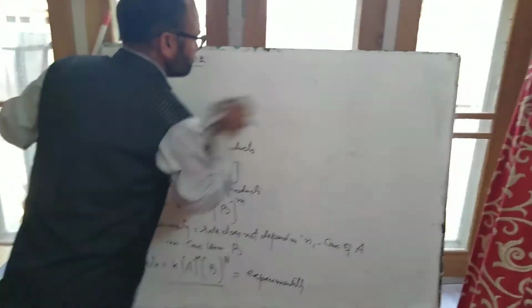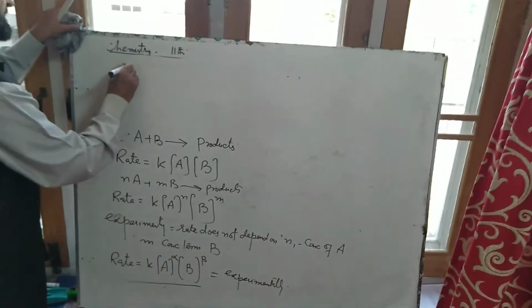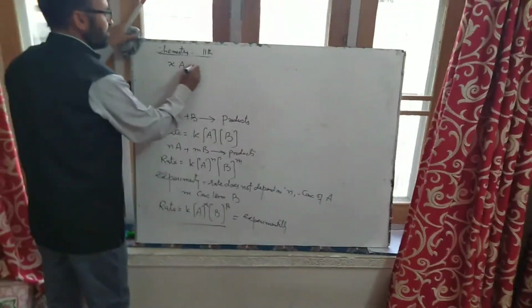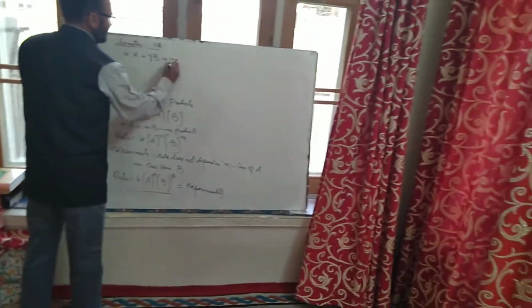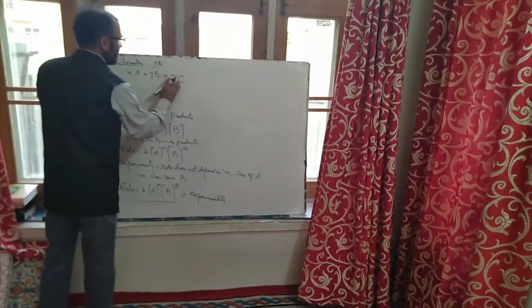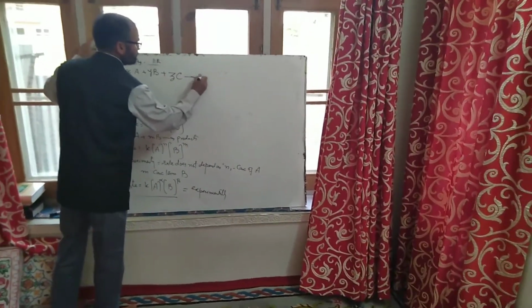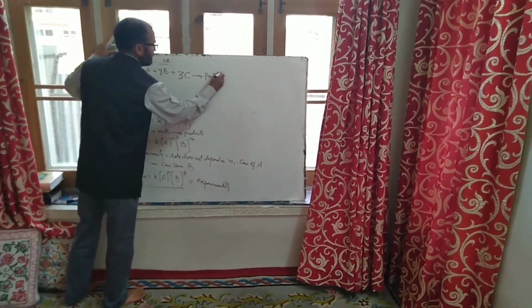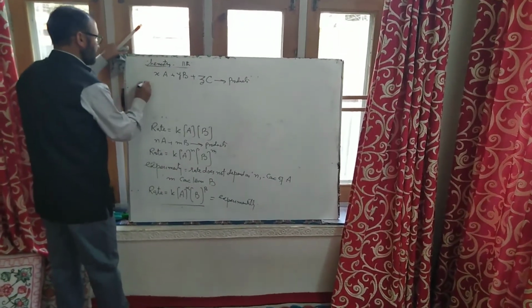So I will write here again, for example, X times A plus Y times B plus Z times C gives products. Now, first I will write the law of mass action.